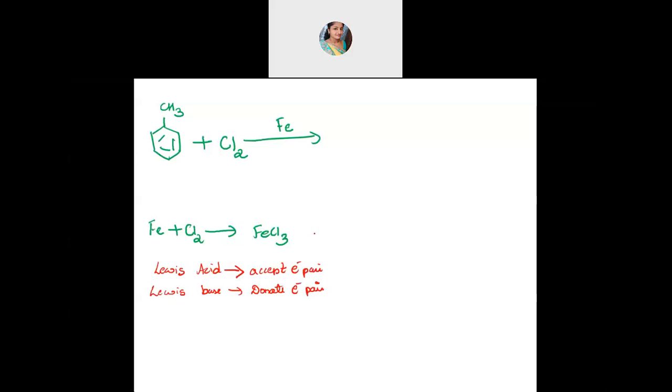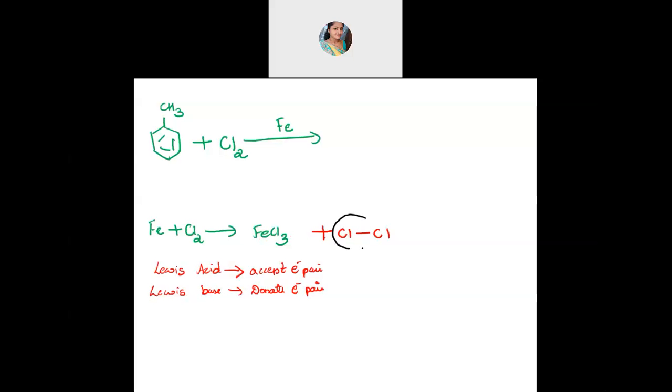So this FeCl3 will further combine with your chlorine molecule, which is chlorine, single bond, chlorine. Since FeCl3 is short of 2 electrons, it will try to take one whole chlorine atom with the bond.